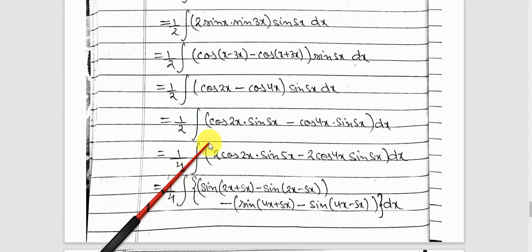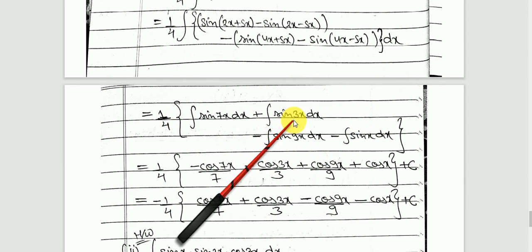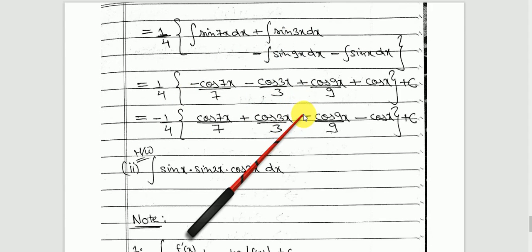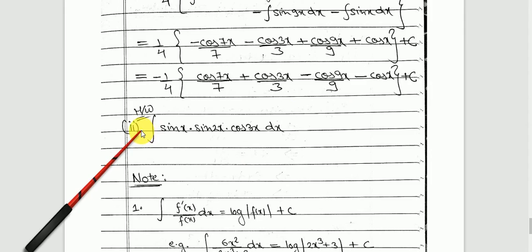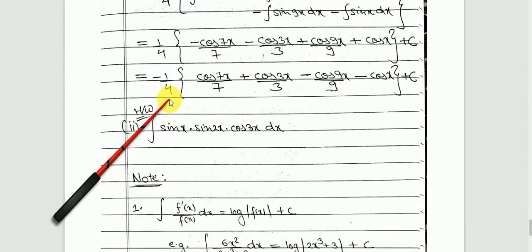This can be written as sin of 2x plus 5x minus sin of 2x minus 5x, and this can be written as sin 4x plus 5x minus sin 4x minus 5x. Simplify and you will get all the terms whose integration is known to you. After that you can do it by yourself. This is the same as the question we have done just now.